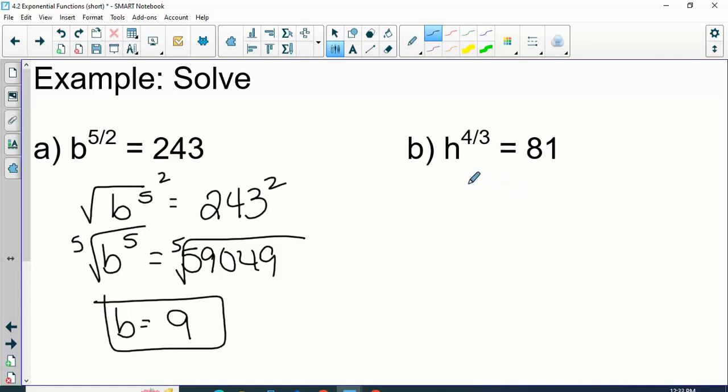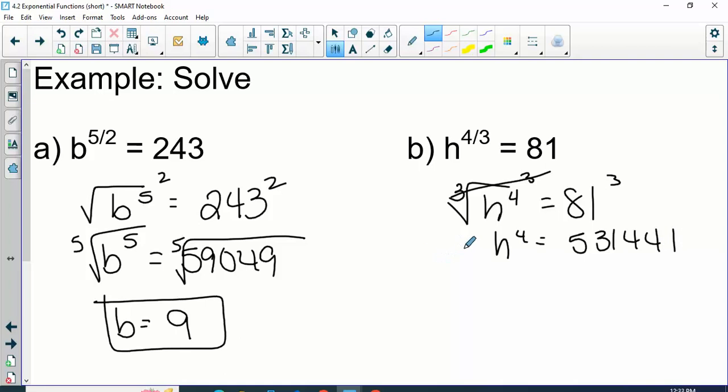All right, part B. So how would we write this one with the radical? The cube root of 3 h to the fourth power. Okay, so what do you want to do first? Take the cube of both sides. So 1 to the 3rd.